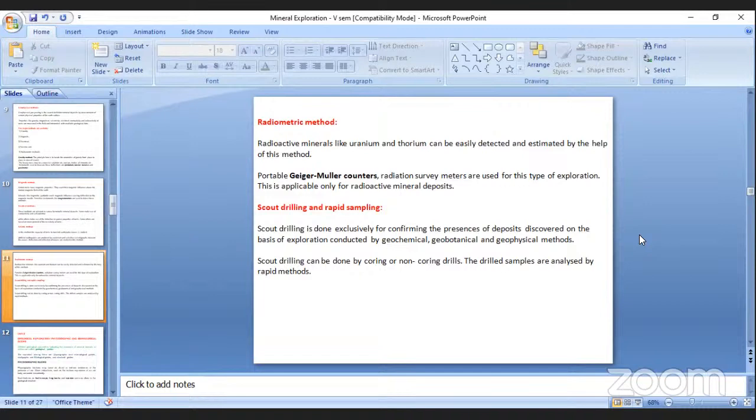And one more thing is scout and rapid sampling. Scout drilling is done exclusively for confirming the presence of deposits, whether they are discovered.